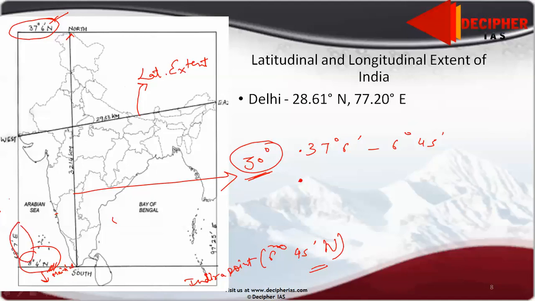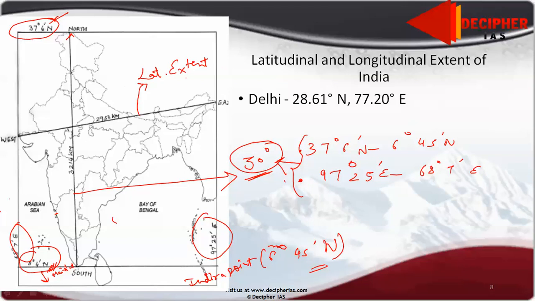Are you able to see? 68 degrees 7 minutes east, 97 degrees 25 minutes east. 97 degrees 25 minutes minus 68 degrees 7 minutes east. Both are east. Here both are north. The difference will be approximately 30 degrees.